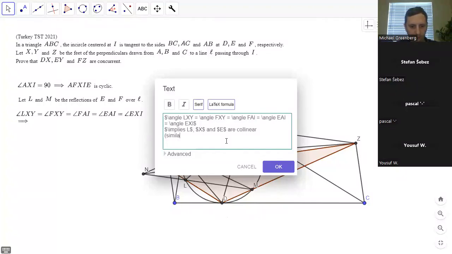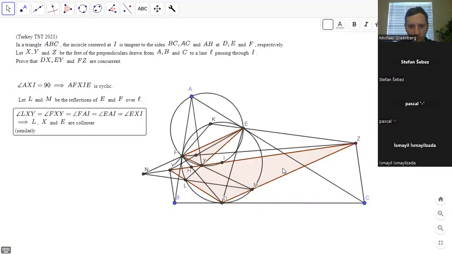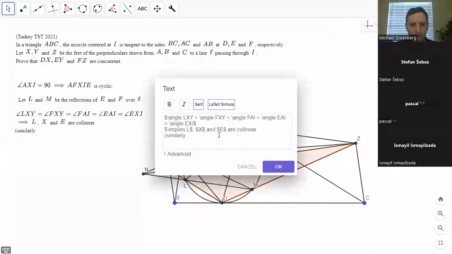And then similarly, FX and M are collinear.